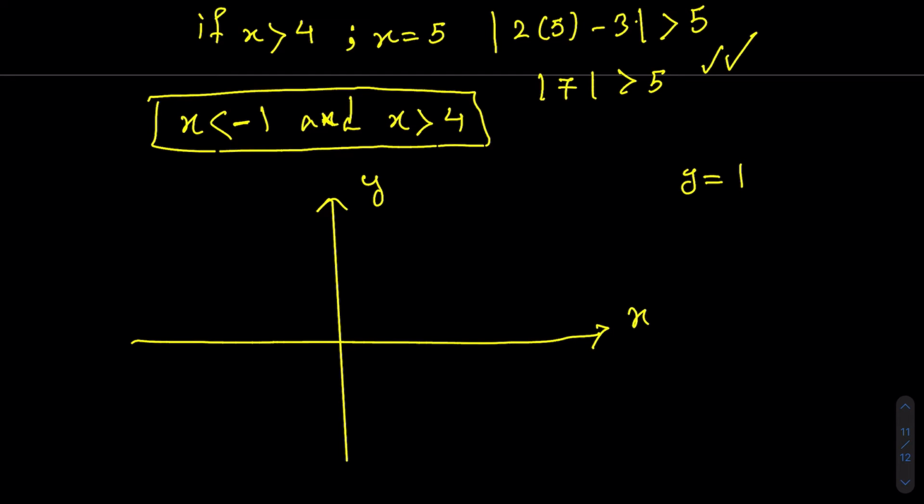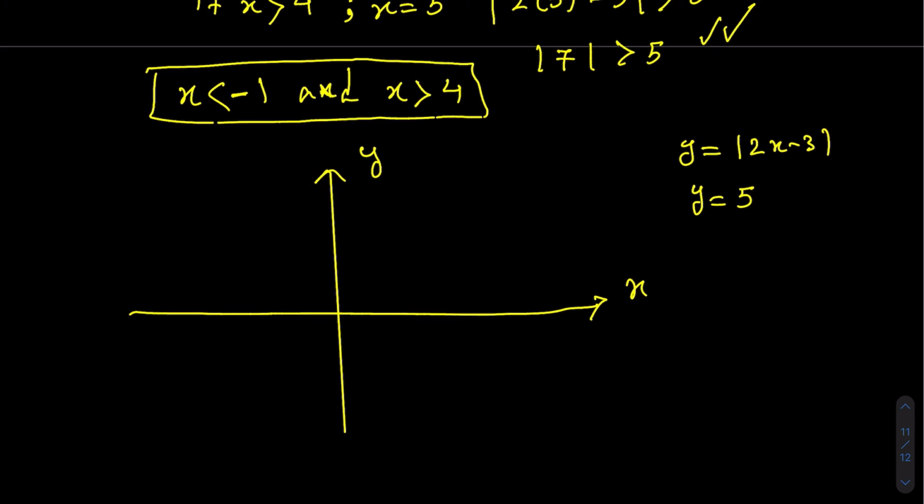One is y equal to the absolute value of 2x minus 3, and the other is y equal to 5. Let's draw these two functions on the x-y coordinate plane and see what it means graphically.